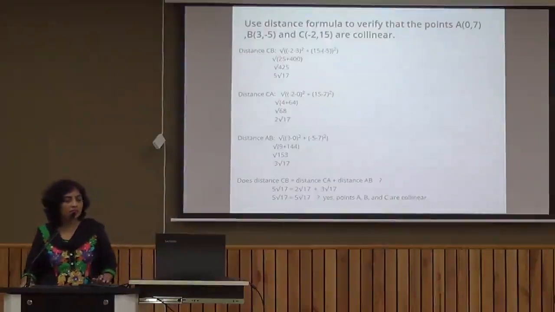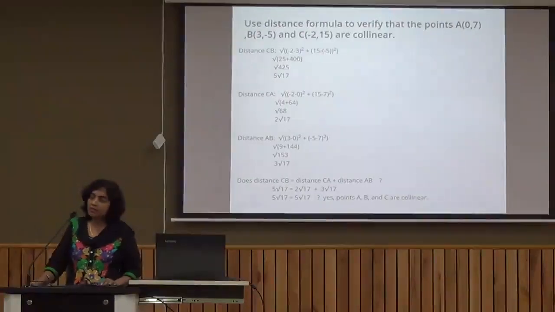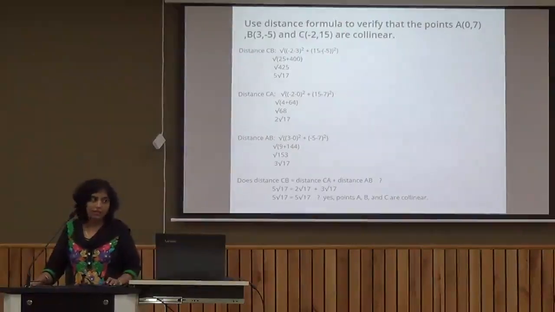So let's see an example. Use the distance formula to verify the points A (0, 7), B (3, -5) and C (-2, 15). We first calculate the distance CB, which comes out to be 5 root 17. Then we calculate distance CA, which is 2 root 17, and then distance AB, which is 3 root 17.